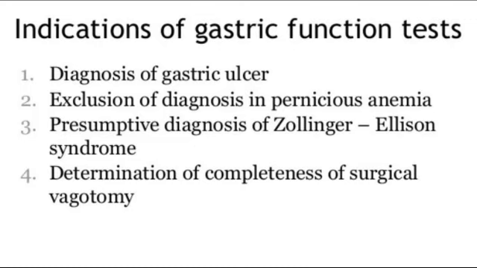You know the meaning of Zollinger-Ellison syndrome, where there is a formation of a tumor in the pancreas which leads to the secretion of a high amount of gastrin hormone, which in turn leads to the secretion of very high levels of gastric juice. Then to determine the completeness of surgical vagotomy, where vagotomy means a surgical cutoff of the vagus nerve which gives the stimulation for the secretion of the gastric juice.